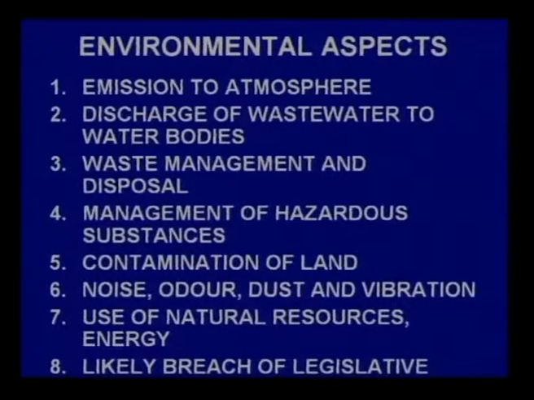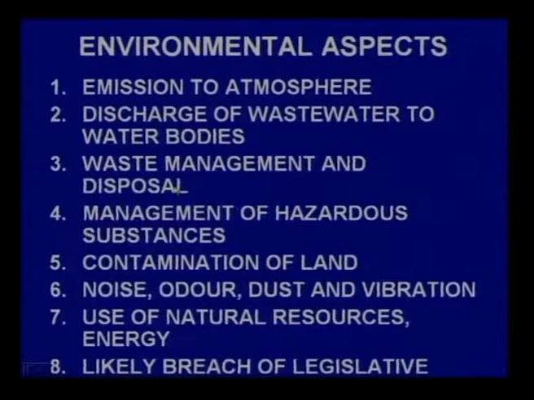What are the environmental aspects that an environmental policy must take into account? There will be emission to the atmosphere, discharge of waste water to water bodies. So, we cover air, water, then waste management and disposal, solid waste management and disposal.